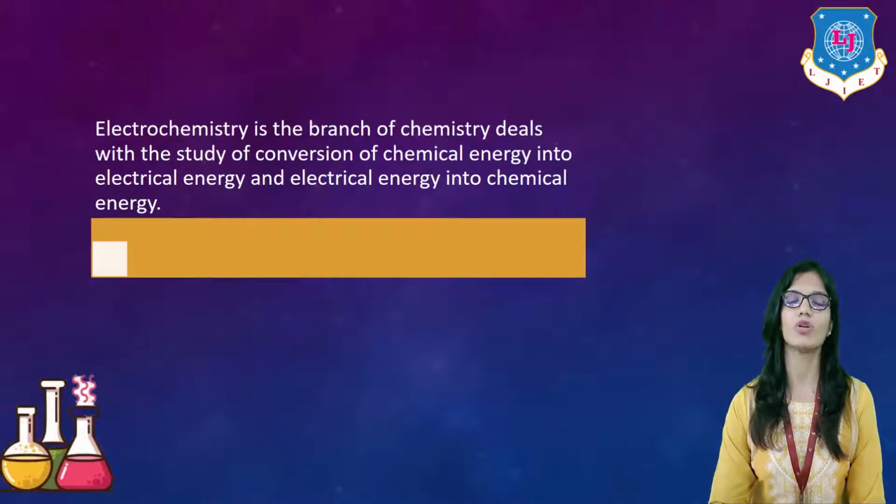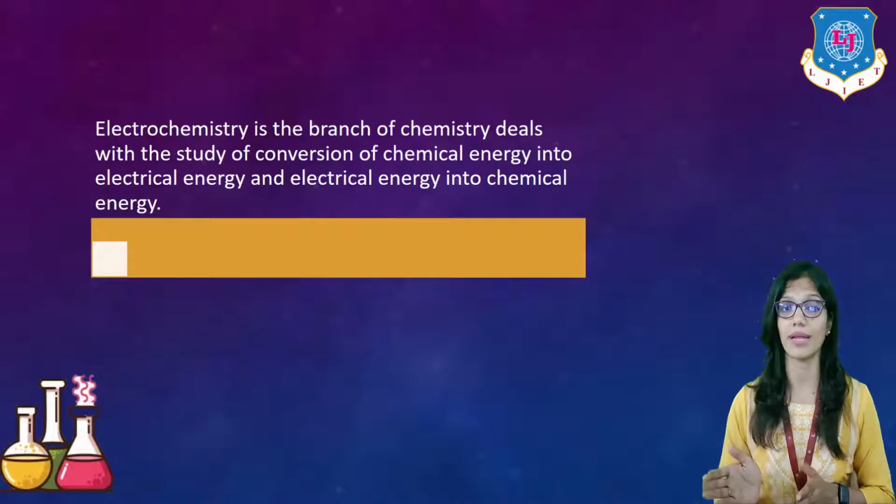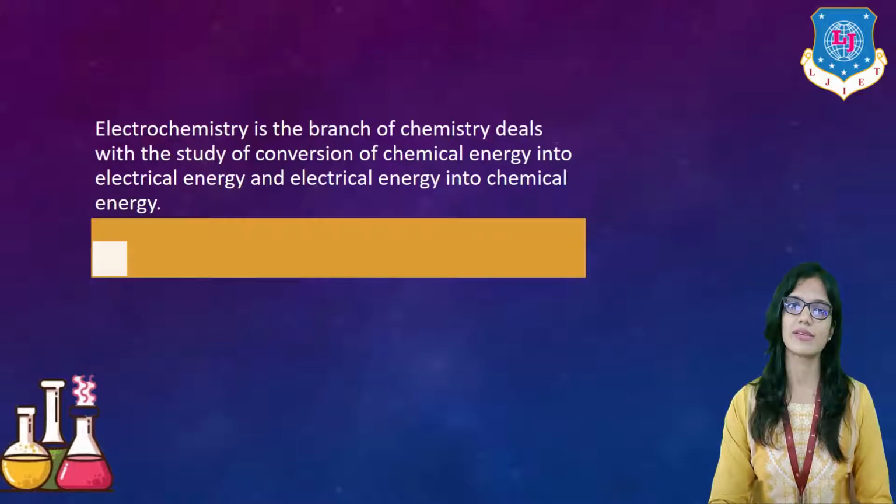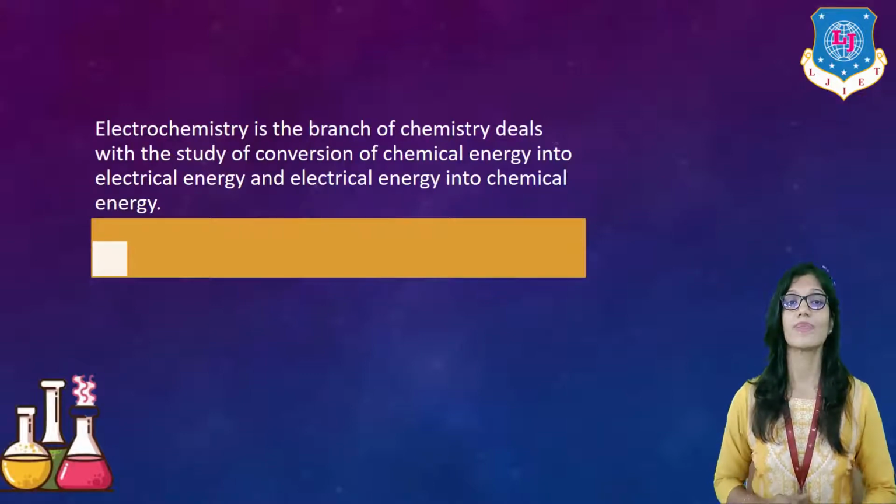So it is all about how electrical energy is converted to chemical energy and chemical energy is converted to electrical energy. And this is a very natural process in each and every kind of solution. So that we will study here.